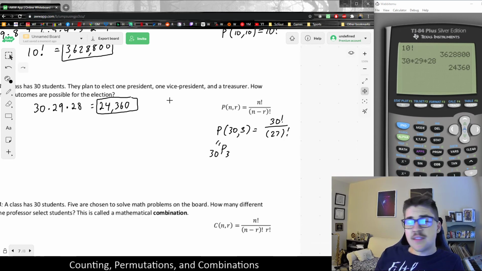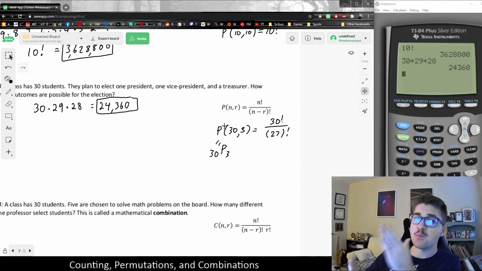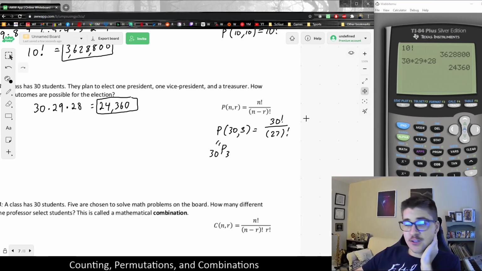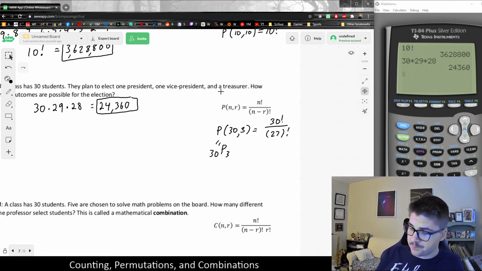And basically, this formula is pretty horrible because 30 factorial is literally going to be 30 times 29 times 28 times 27 times 26 times dot, dot, dot, a very, very long string of multiplication. But when you have a ratio of 2 factorials, there's generally a way to simplify or cancel so that it's not as bad.